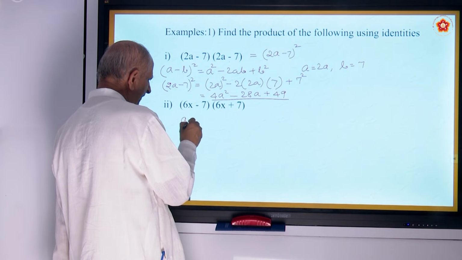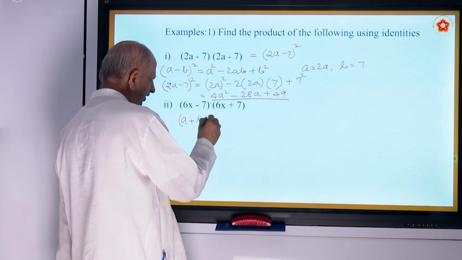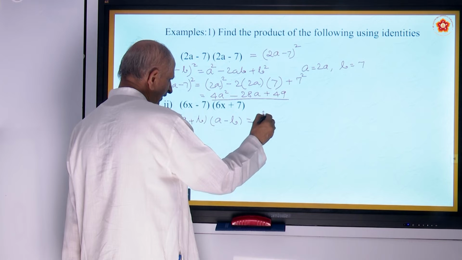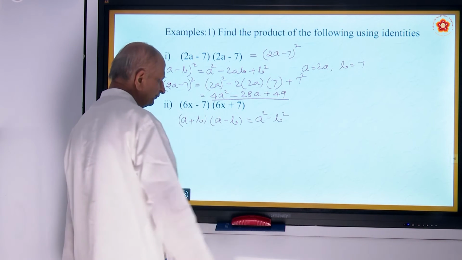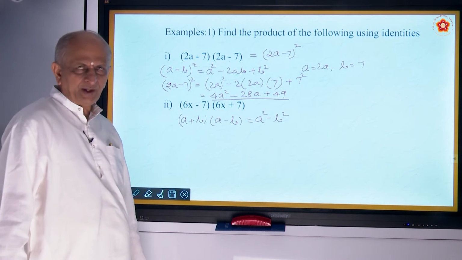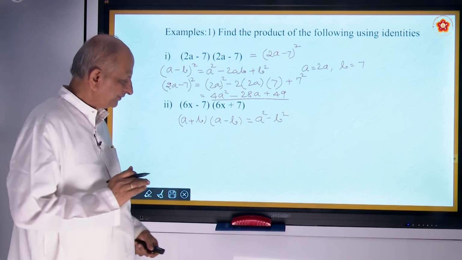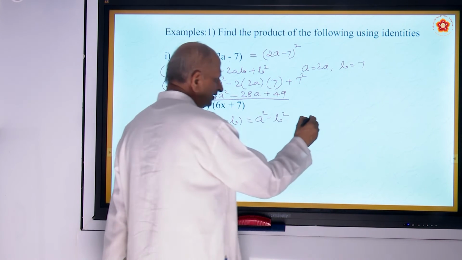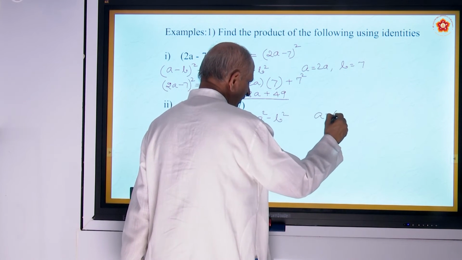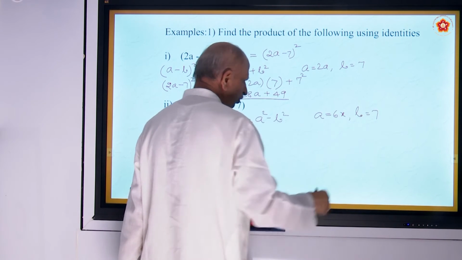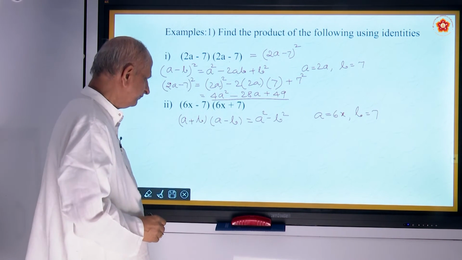The identity is A plus B into A minus B is equal to A squared minus B squared. Why do you want the identity? To make the problem simple, to understand easily. Here what is A? A is 6x, B is 7. Don't put it as minus 7.